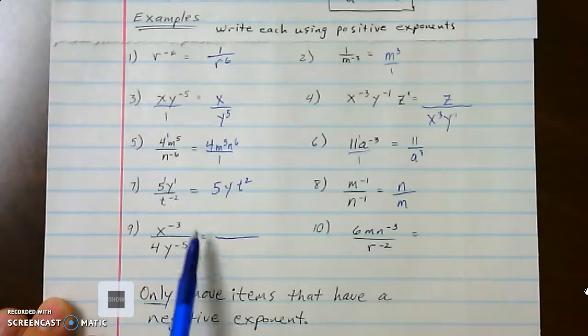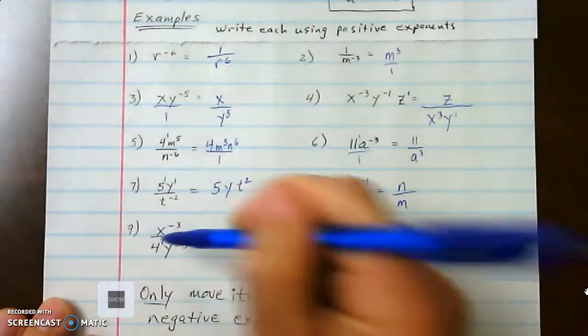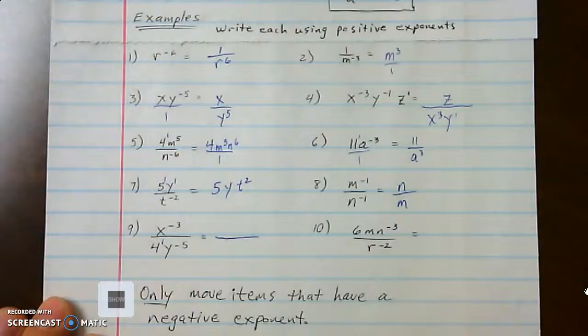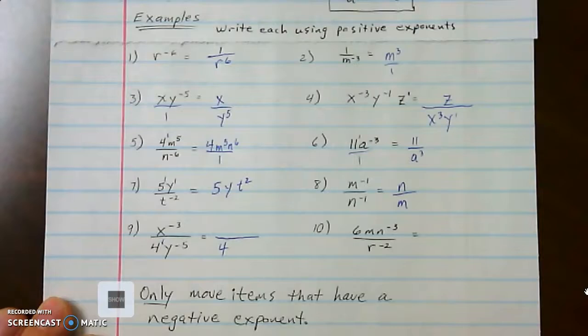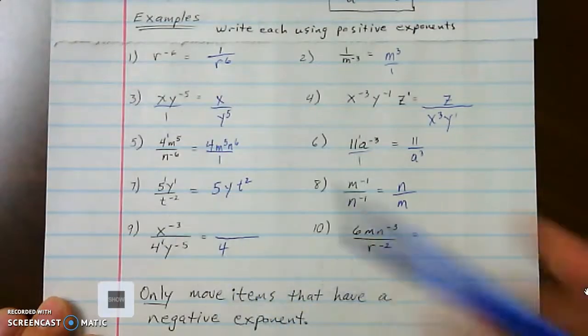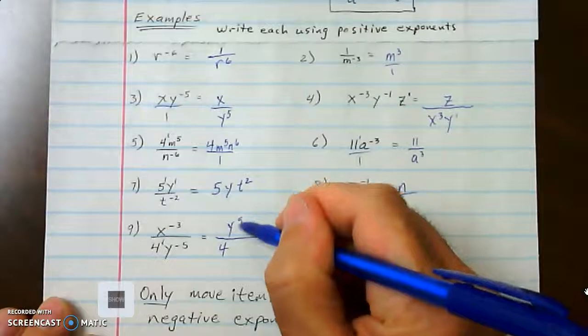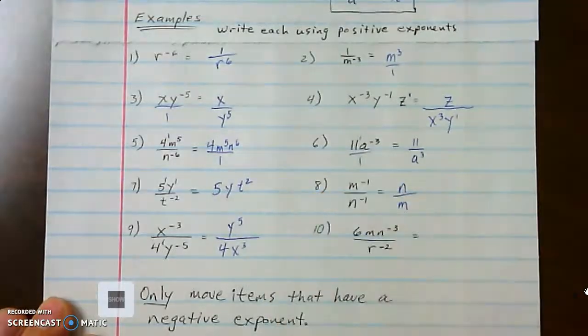Y, negative exponent. Y will go on top. 4, positive exponent. 4 is going to stay on the bottom. So here we go. 4 we know stays. I'll just put that in first. The two variables, now it looks like number 8. The two variables trade places because they both have negative exponents.